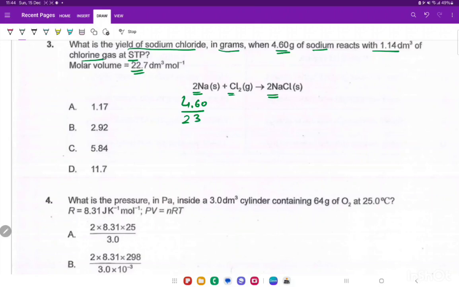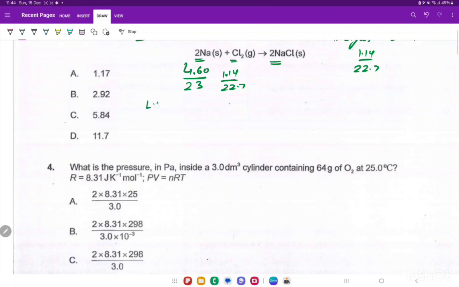For chlorine, we know 1 mole of a gas at STP is 22.7 dm cube. To find the moles from the volume given, it is 1.14 divided by 22.7. This will be the moles of chlorine.